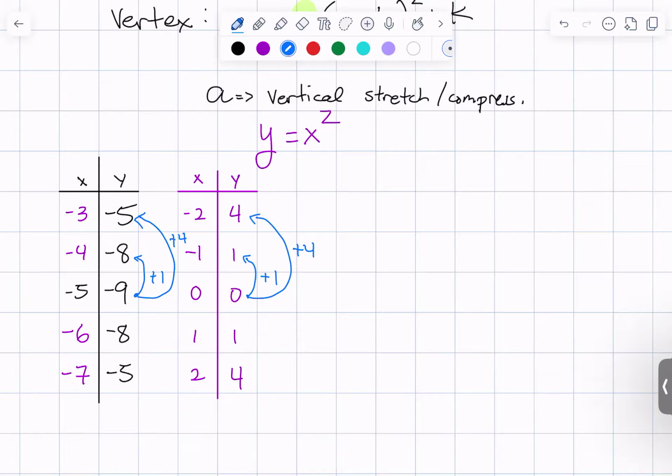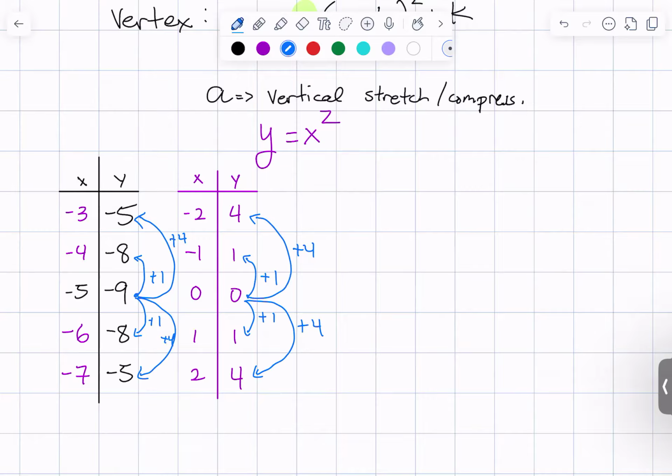Does that make sense? Because there's no stretching involved, no stretching and no compressing, that relationship between the two values should stay the same. And going the other direction, that's a +1, so this has to be a +1, +4. So this is also +4.